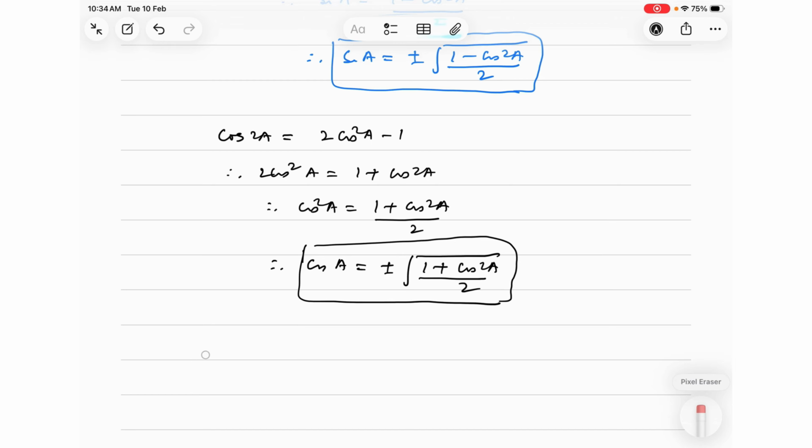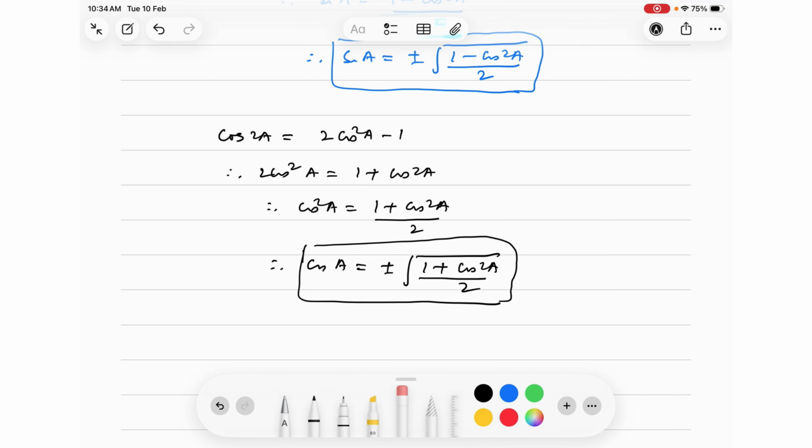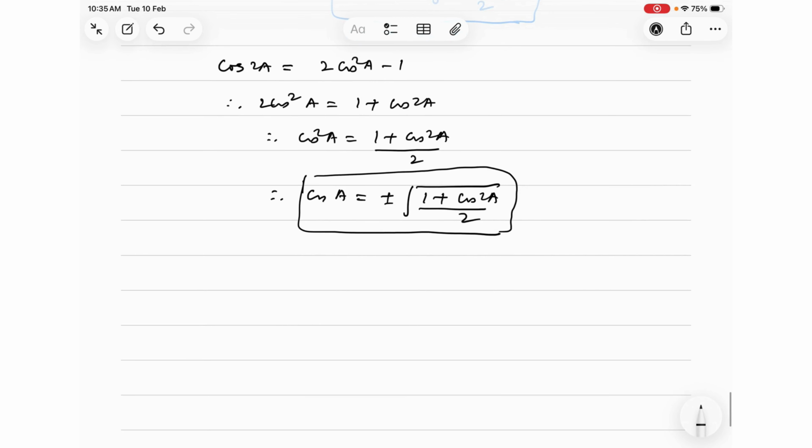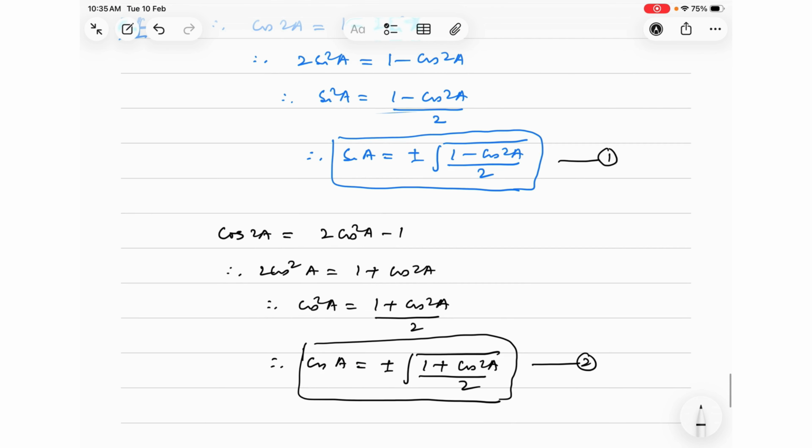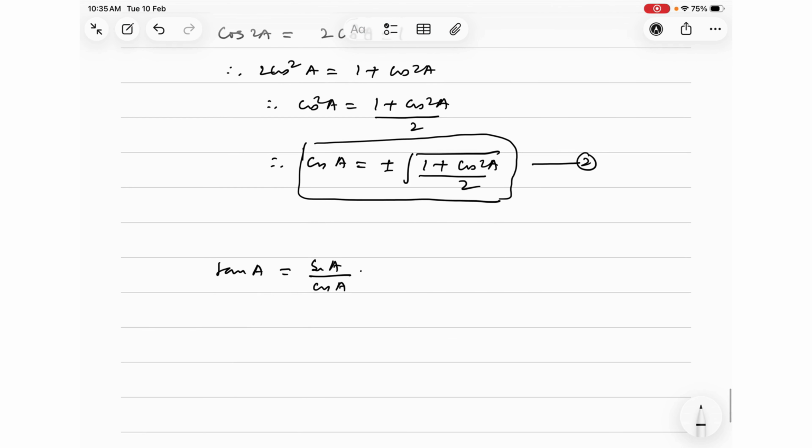Now the third result is tan A. We all know it is sin A by cos A. Therefore, taking cos A as equation 2 and sin A as equation 1, dividing 1 by 2, we get plus or minus root of (1 minus cos 2A) by (1 plus cos 2A).